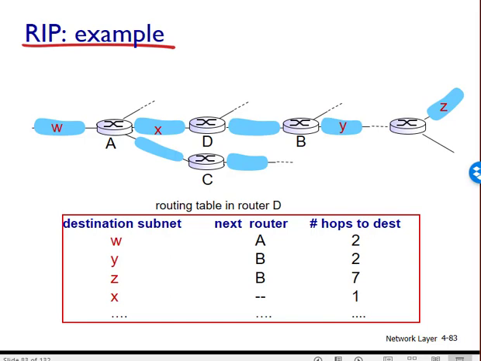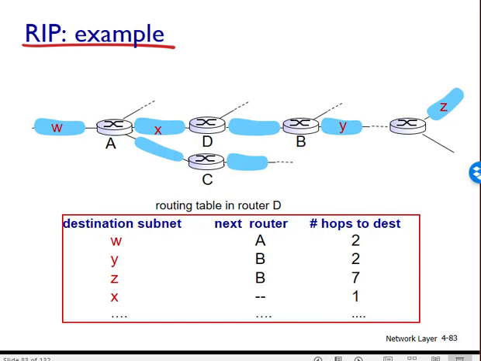The first column is for destination subnet. The second column indicates the identity of the next router along the shortest path to the destination subnet. And the third column indicates the number of hops, or subnets, that must be traversed, including the destination subnet, to get to the destination subnet along the shortest path.